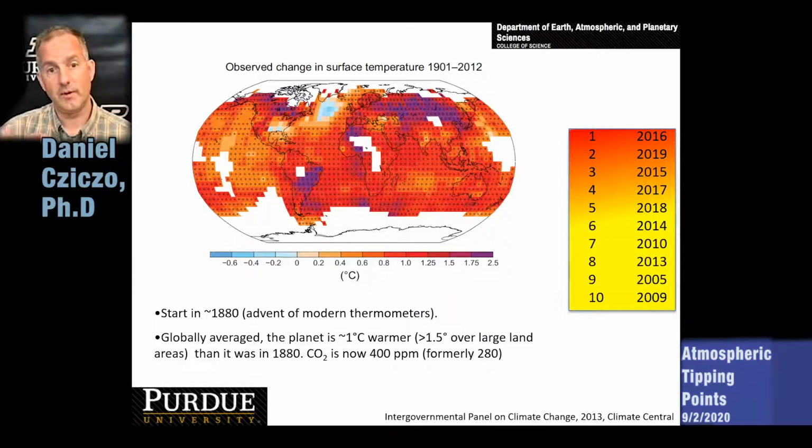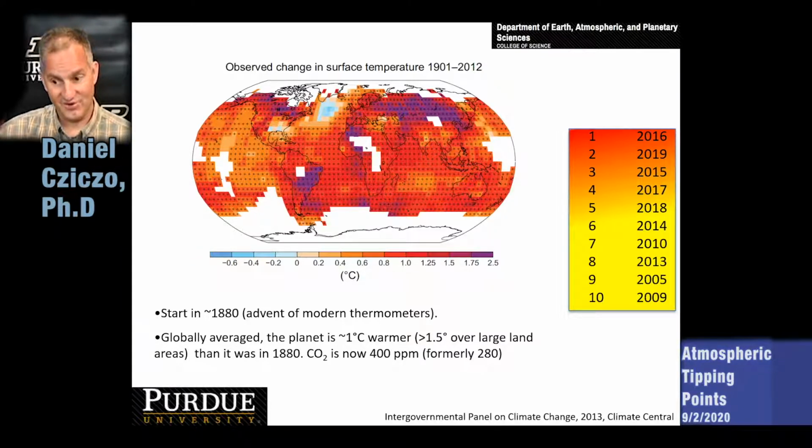We can also think about warmest years on record. Right now we're in the middle of 2020. The warmest year on record is 2016. Last year, 2019, was second on this list. And you can see that all of these years have occurred since the year 2000, the top 10. 2020, where we sit right now, is tracking to be either number 1 or number 2.